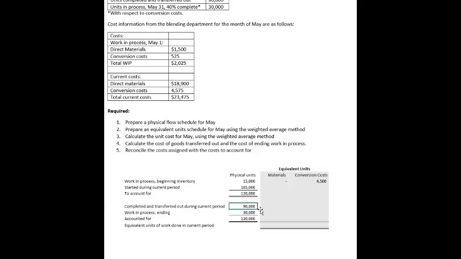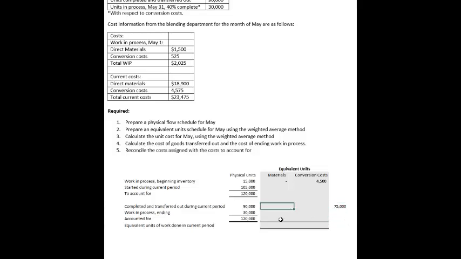So they were part of this 90,000 that were completed and moved out. They had to be, right? They're sitting there, we complete them, we move them out. So this 90,000, we have to subtract 15,000, and that tells us that of the 90,000 completed and transferred out in the month of May, 75,000 were started in the month of May and completed in the month of May. Went all the way through the process from start to finish.